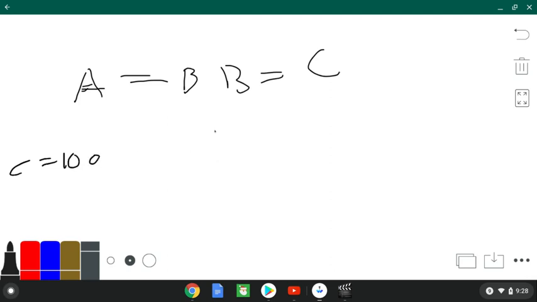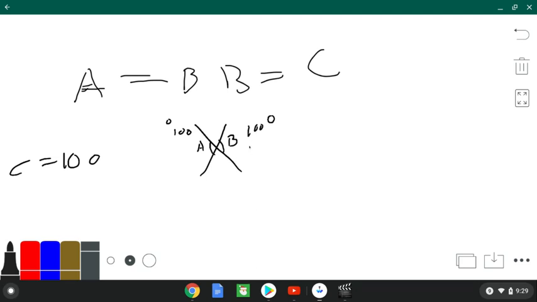The reason why I say this is because, for example, think of an X. Think of this as an A, this is a B, and both of these are equal, so these both would be 100 degrees. That's mostly how it works.